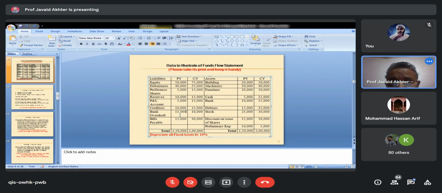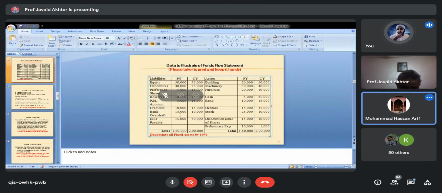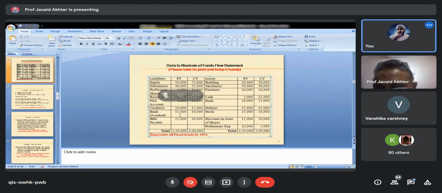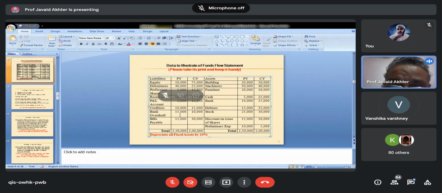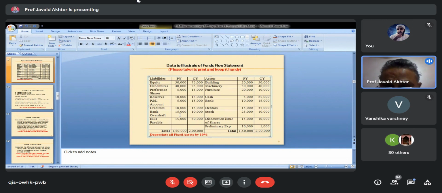How about bank overdraft? Source or application? It is an application, because you owed the bank 15,000 and now you owe 10,000.